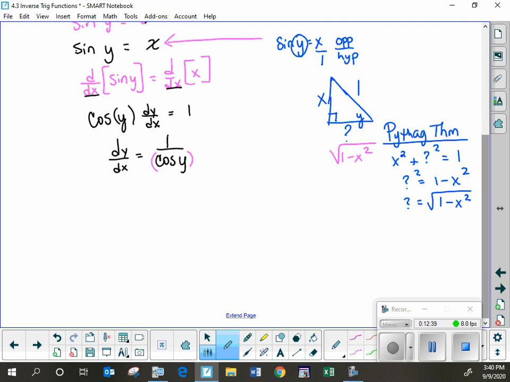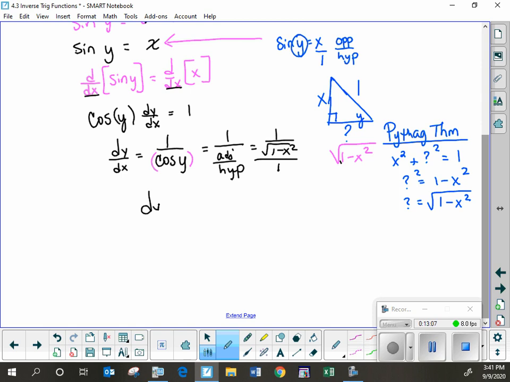So therefore, replacing cosine of y from the picture, what is the cosine of y? Cosine is adjacent over hypotenuse. According to our picture, adjacent is the square root of 1 minus x squared, divided by the hypotenuse, which is 1.